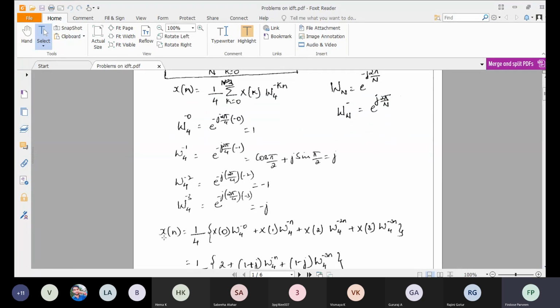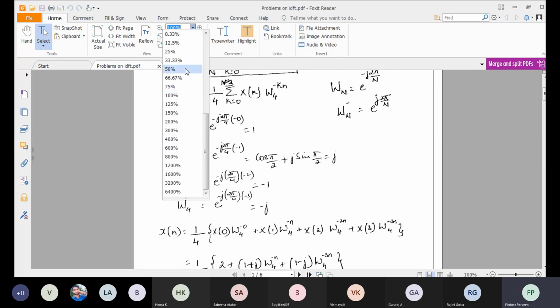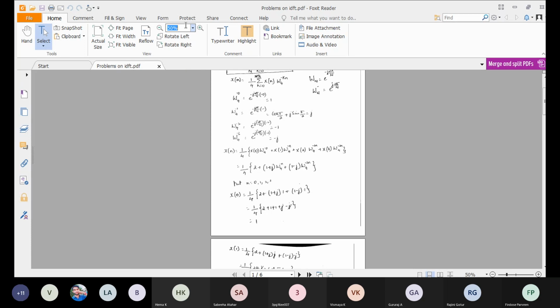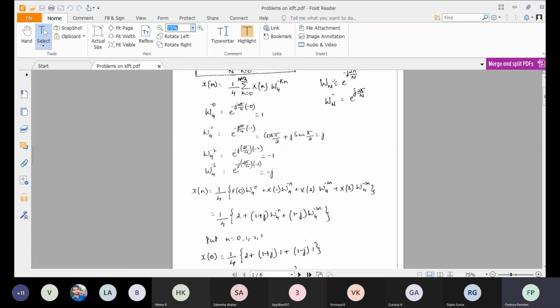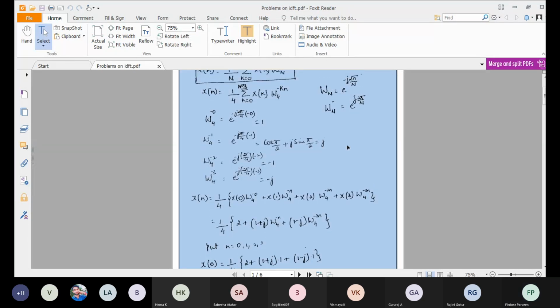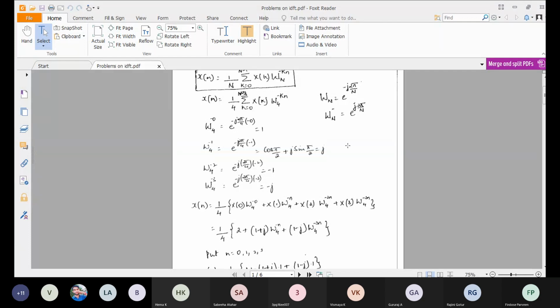See here, x of n is equal to 1 by N, which means it is 1 by 4. It is 1 by 4, summation k is equal to 0 till 3, x of k, W4 to the power of minus kn. And I'll expand this one.